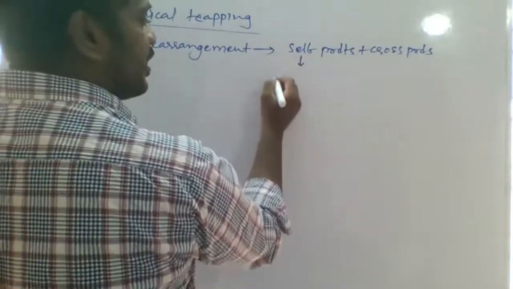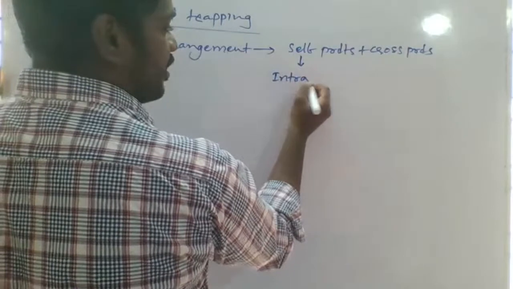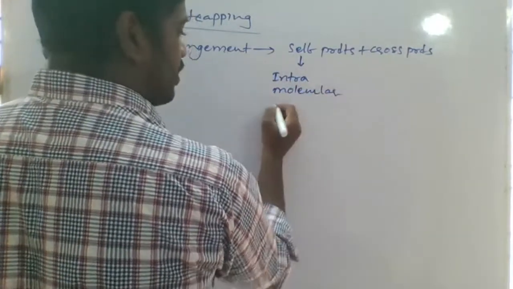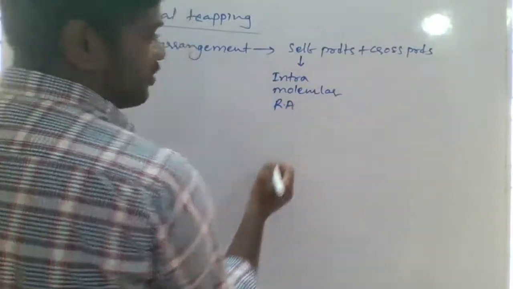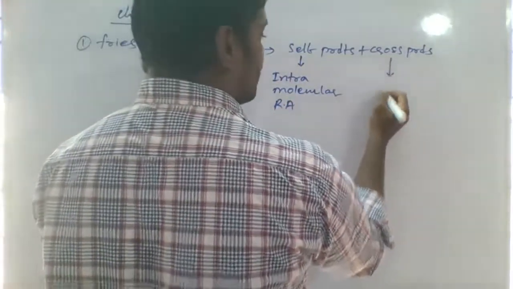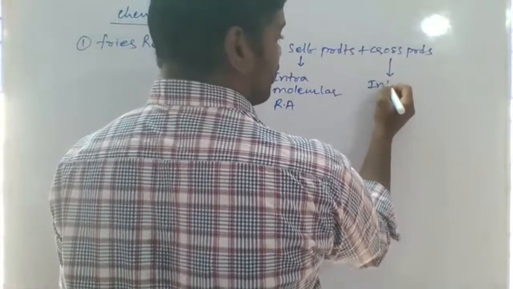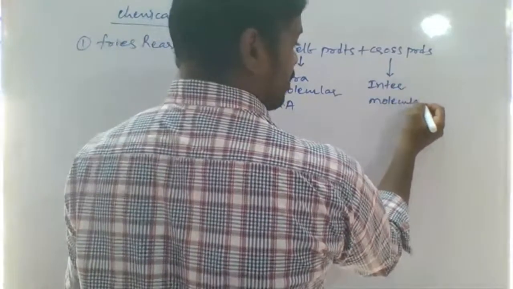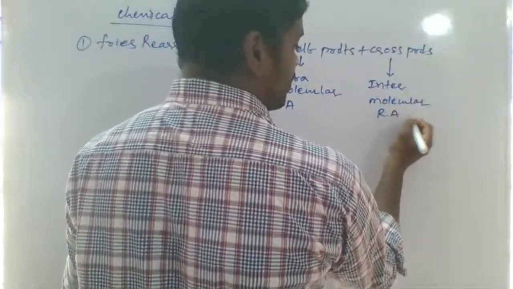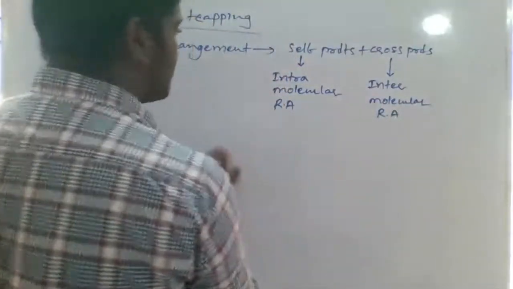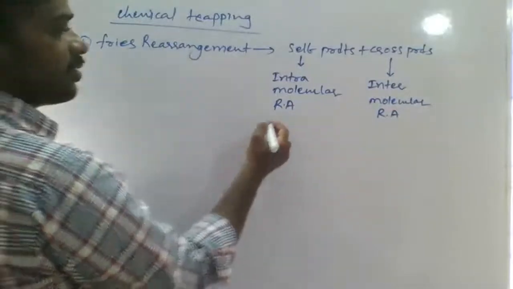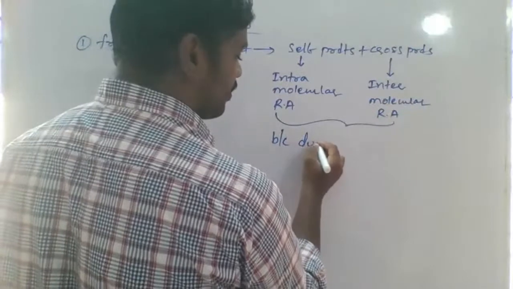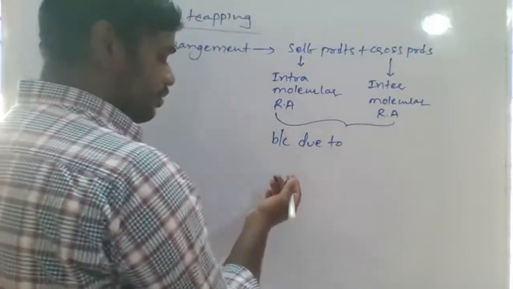Self products indicate intramolecular rearrangement, and cross products indicate intermolecular rearrangement.